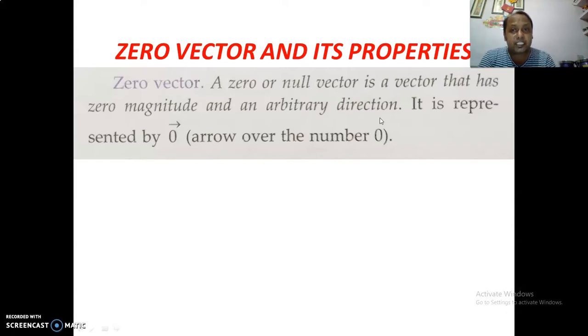Arbitrary direction means it is a vector, so that's why we are putting some direction to it. It is represented by 0 with an arrow over it.